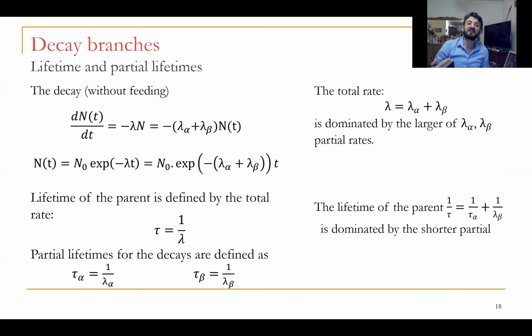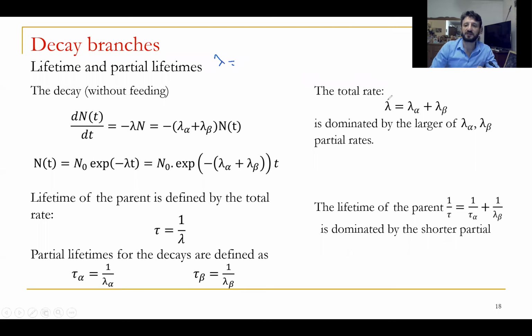What about the lifetime and the partial lifetimes of this kind of decay when we have decay branches, two decays, alpha, beta, beta plus, beta minus, and so on? So we have to calculate here the total lambda.